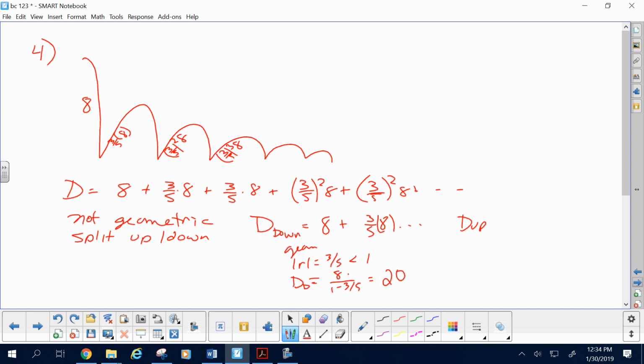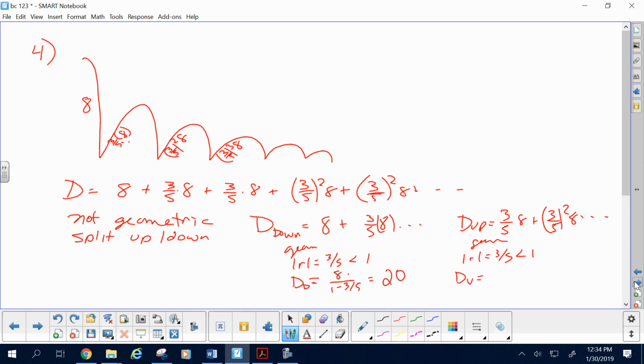Distance up, the first upward distance is not 8. The first upward distance is 3/5 of 8. Then it starts that same geometric R. So it is also geometric. The R is still 3/5, which is less than 1. So the formula can be used.